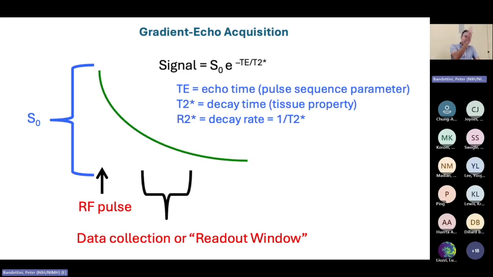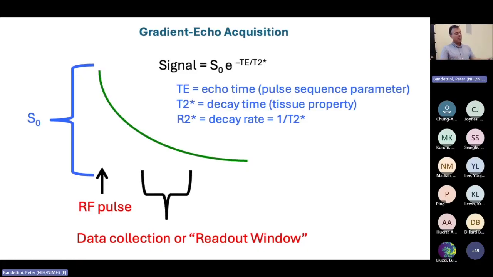And an RF pulse, radio frequency pulse, is given, typically 90 degrees, to knock the magnetization into the transverse plane. And then what happens is that immediately, because the spins are experiencing different magnetic fields, this starts to dephase.